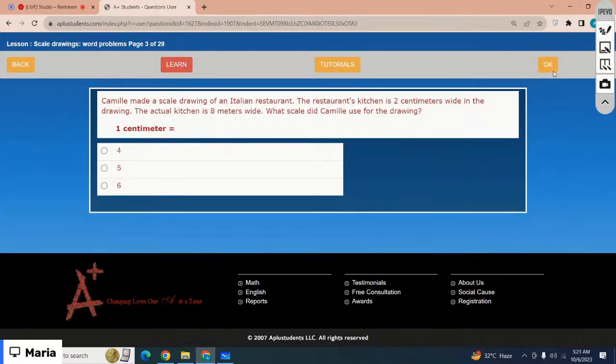Okay, the next one is Camille made a scale drawing of an Italian restaurant. The restaurant's kitchen is 2 centimeters wide in the drawing. The actual kitchen is 8 meters wide. With what scale did Camille use for the drawing? Which is the correct option?